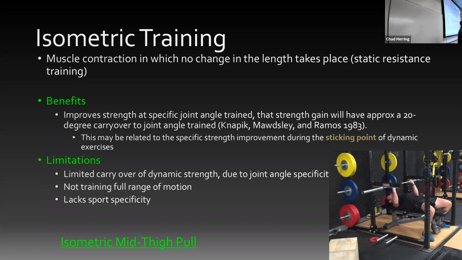I didn't even put it on here: eccentric training. I just listened to a whole podcast this morning on eccentric training. It's becoming huge for various reasons, but that's a whole other type of training. You can perform it differently. You can essentially use, let's say, a squat and do tempo training.